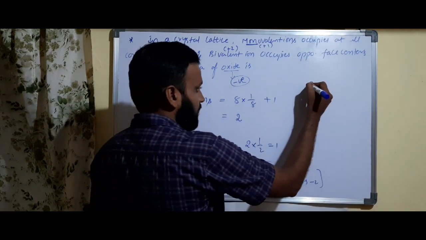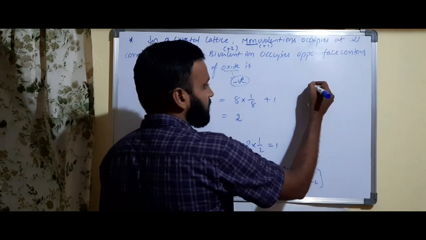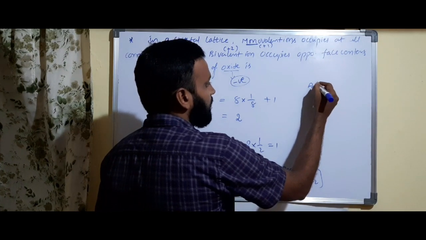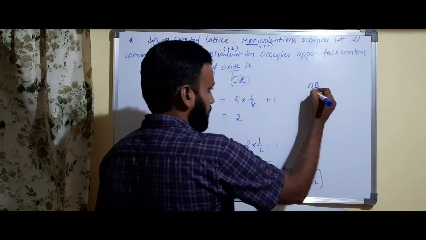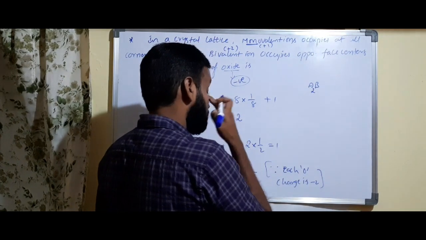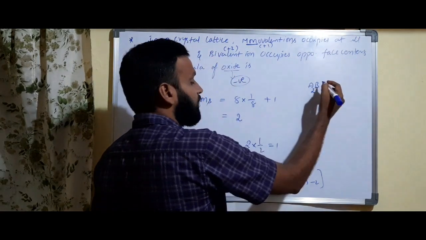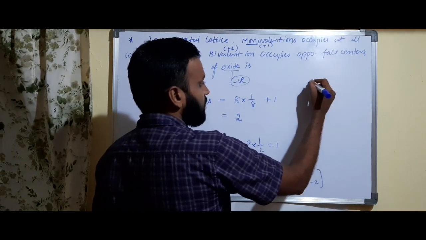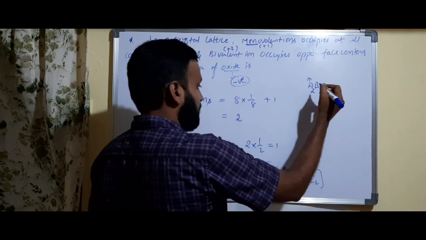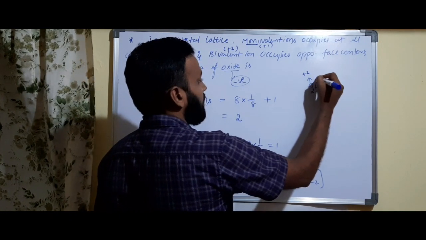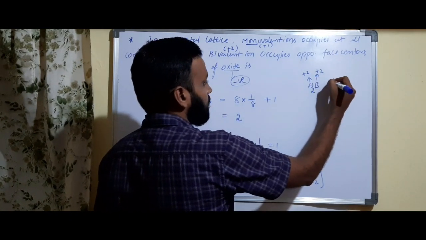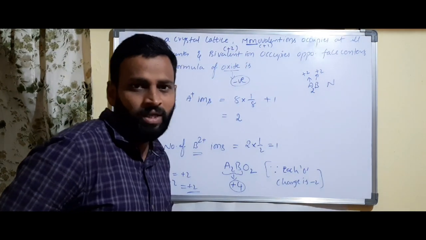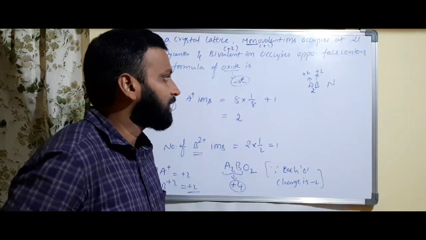Suppose they are asking about nitrides, and this is the formula, A2B. Here +2 and here +2, so how can I get nitrogens? Nitrogens must be -4. In that way I have to get a formula.